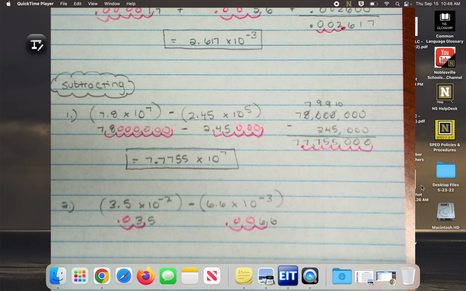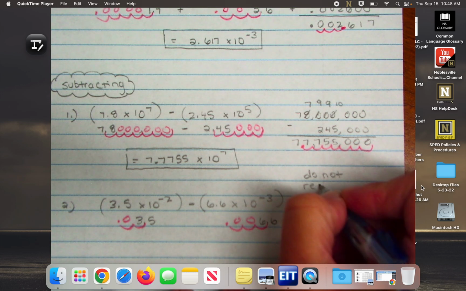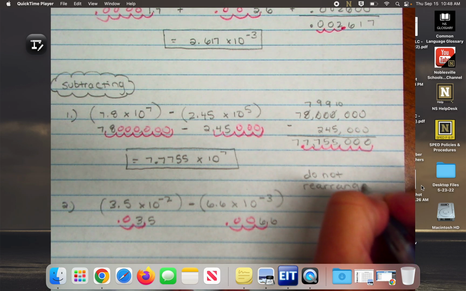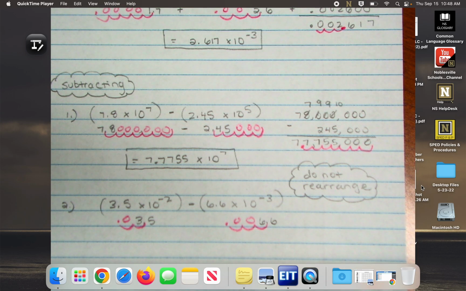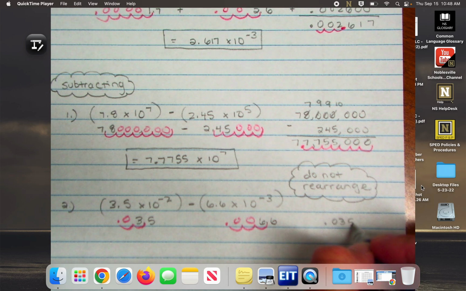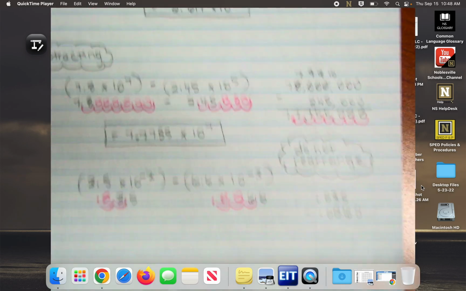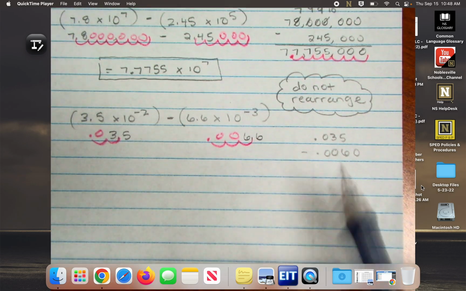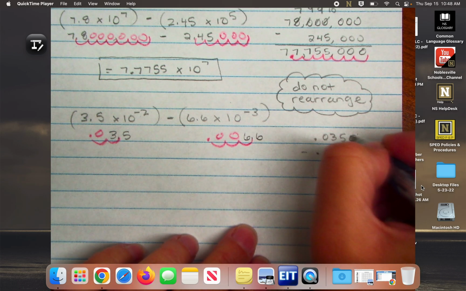You cannot rearrange. Do not rearrange. You just line up the decimals. What do I have to put here above this 0? A 0, just for good measure.